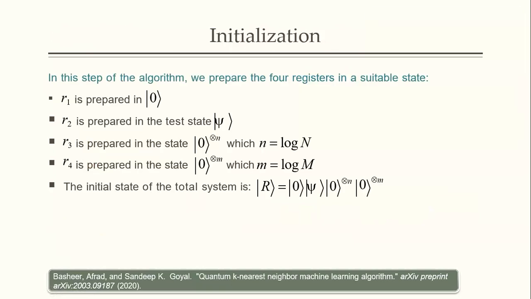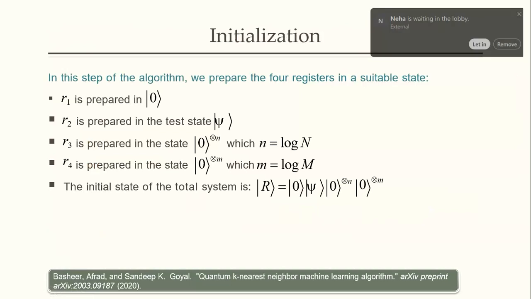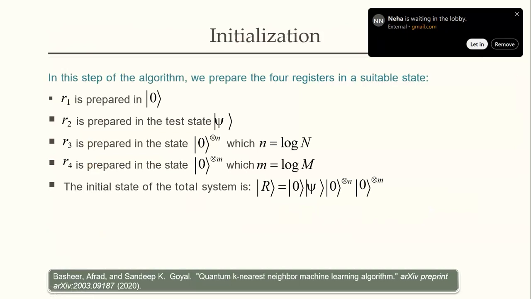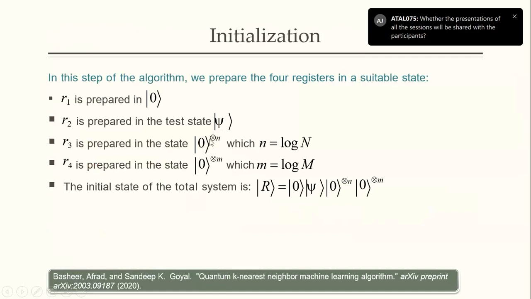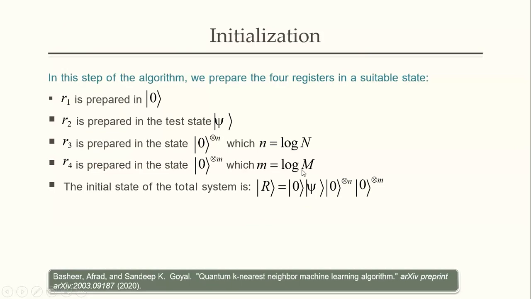These are the initialization registers R1, R2. R1 is prepared in the |0> state, then the psi state, then |0> to the power n, where n is log n, and m equals log m, then R2 is |0>, psi, |0> to the power n, |0> to the power m.